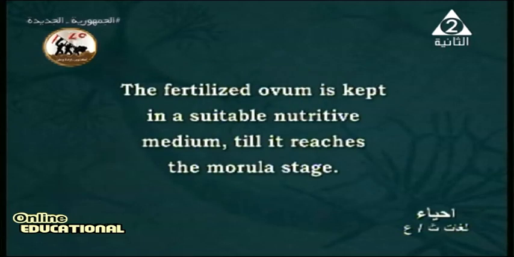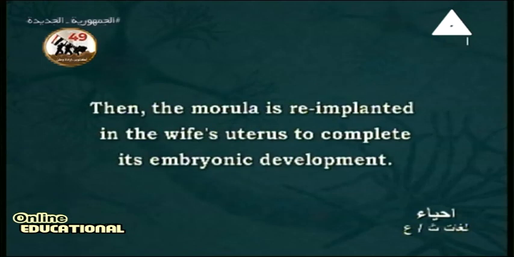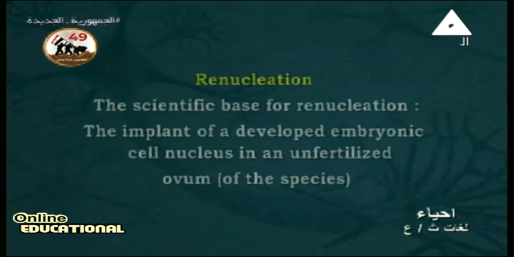The fertilized ovum is kept in a suitable nutritive medium till it reaches the morula stage, after 5 days. Then the morula is re-implanted in the wife's uterus to complete its embryonic development. It is implanted again inside the uterus.